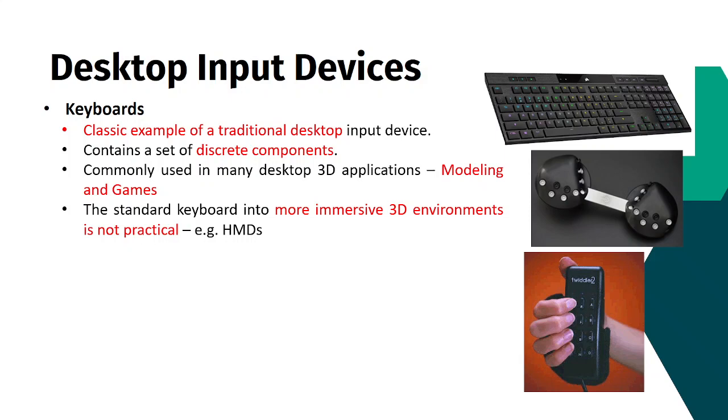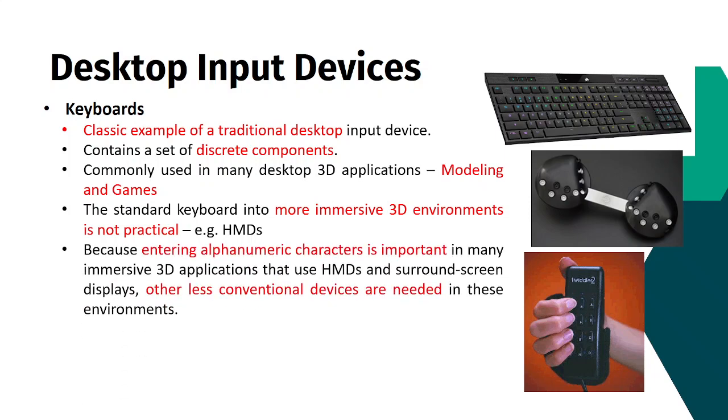Now, when we talk about 3D immersive environments or HMDs, head-mounted displays, the clicking of keys or specific key buttons will again play a very important role. If the number of keys is less compared to the keyboard, it is definitely useful in such environments.